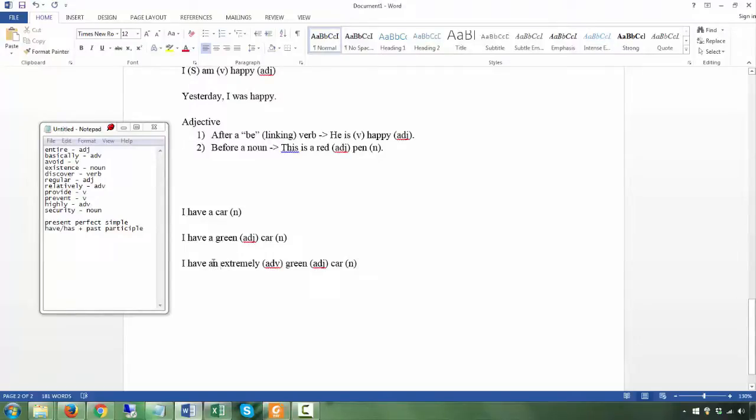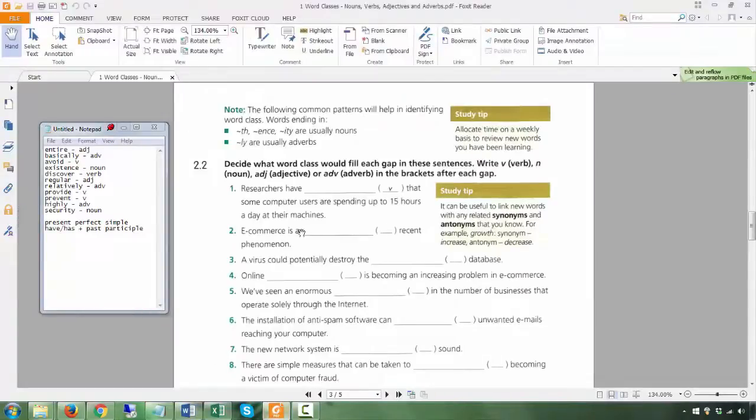So after an article, you have to have a noun, but it doesn't mean it's directly after. It could be 2 words after, it could be 3 words after, right? So this is, where's your noun? Phenomenon. Then this recent is an adjective. Recent phenomenon. Recent thing that's happened, all right? Event, okay? So this is describing, recent is an adjective describing phenomenon.